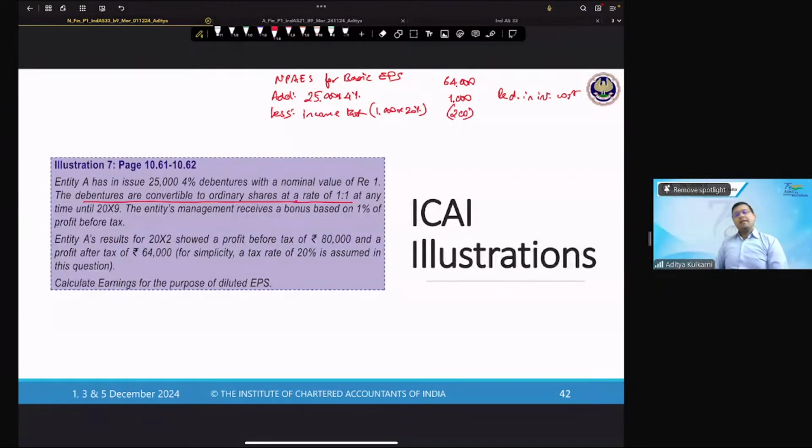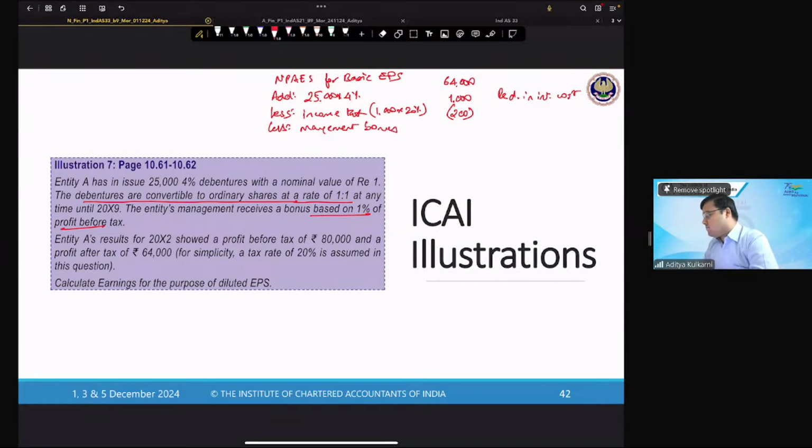200. Does the matter end there? The management bonus will also change. Management receives a bonus based on 1% of profit before tax, so there is less management bonus.